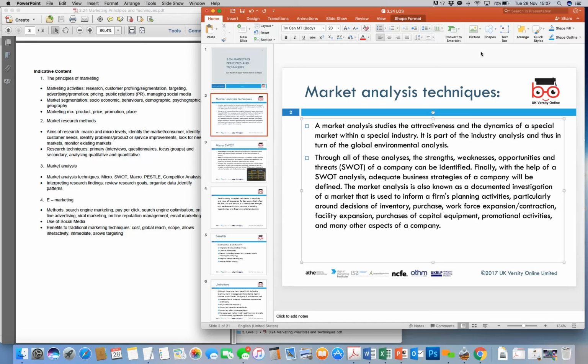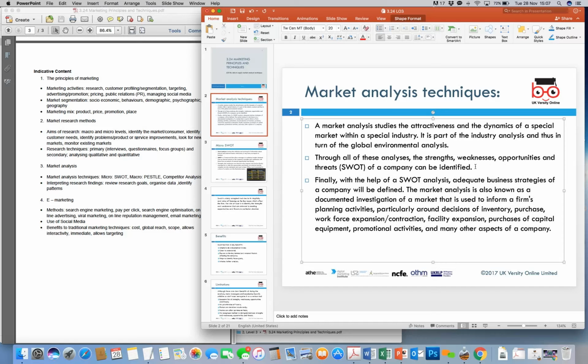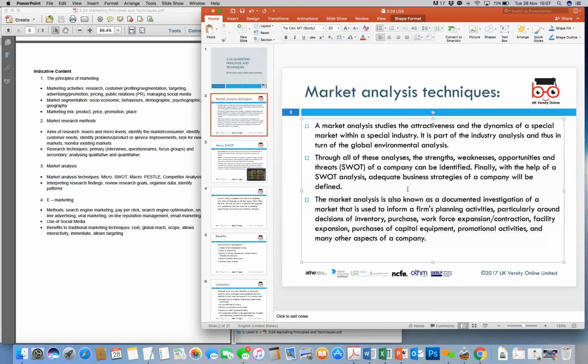And that would mean that you're looking at identifying the factors which affect the business internally. And here you're looking at understanding the strengths and the weaknesses, what are the opportunities and threats which a business can have from a point of view of understanding the situation.